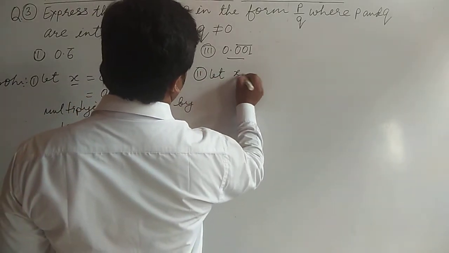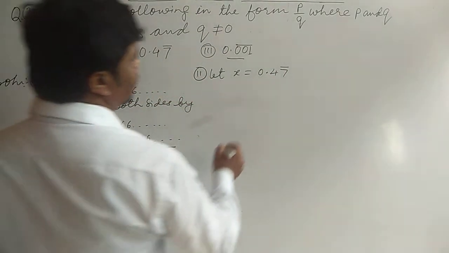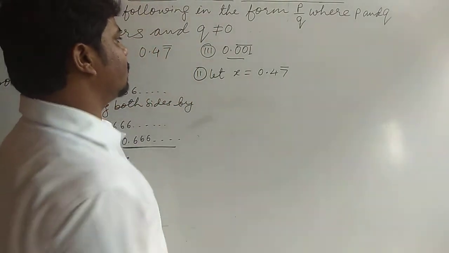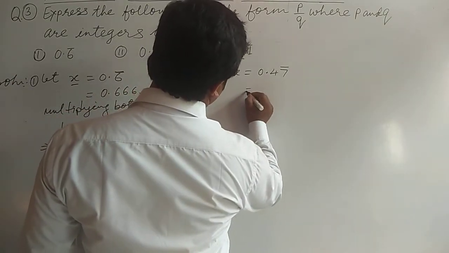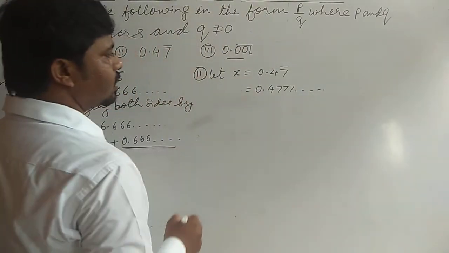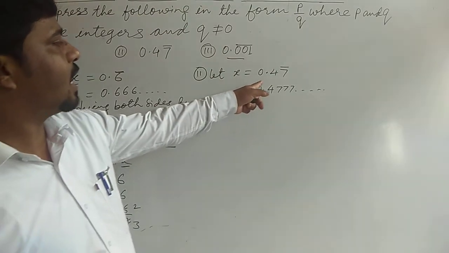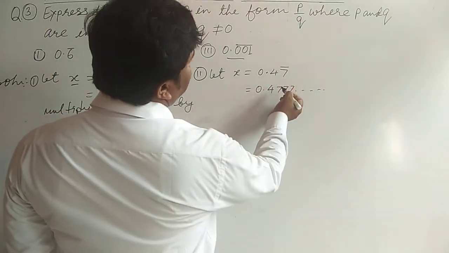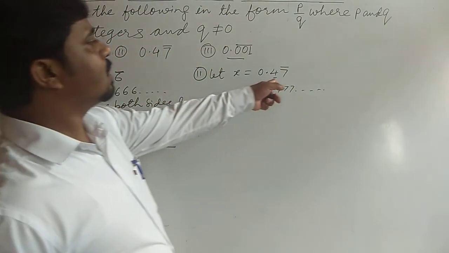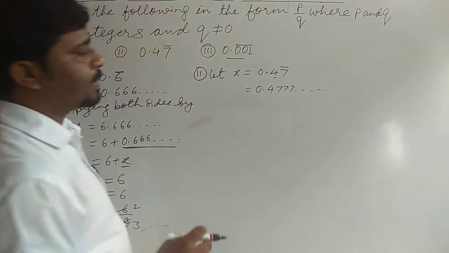Let x equal to 0.47 with bar on the 7. And you see here, this 7 is repeating. This is the repeating decimal. So what will be 0.4777? We can write, first of all, as I told you in the previous class, how many digits are non-repeating. Non-repeating decimal digits we first bring to the left side of the decimal, after that the repeating part.